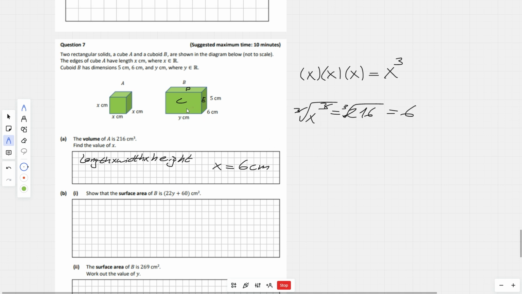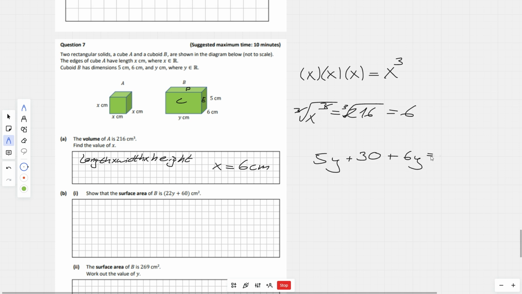So first let's do C. It'll be the bottom here, y, multiplied by 5, so it'll be 5y. Because we're adding separate areas, which aren't related in any way, we're just going to add them on. So 5y plus 6 by 5, which is 30, plus 6 by y, which is plus 6y.